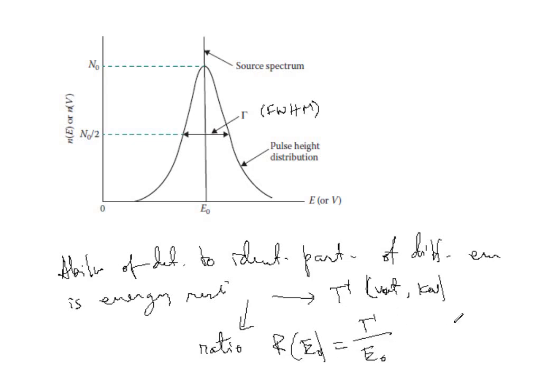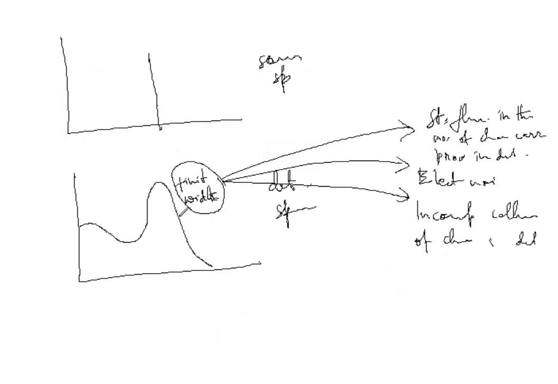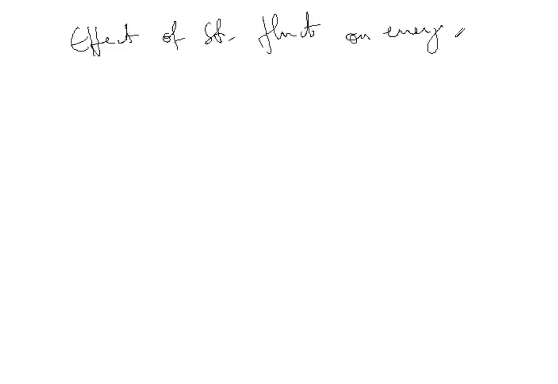Okay, basically this is a percentage. Okay, now the most important elements affecting the energy resolution of a detector are the three statistical factors. Basically the three factors, right, which I mentioned in this picture over here. Now let me discuss the first effect, or the effect of statistical fluctuations on energy resolution.